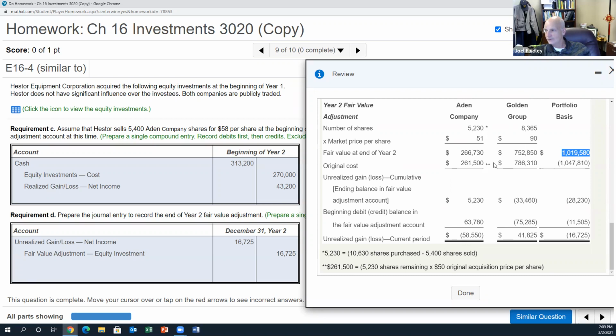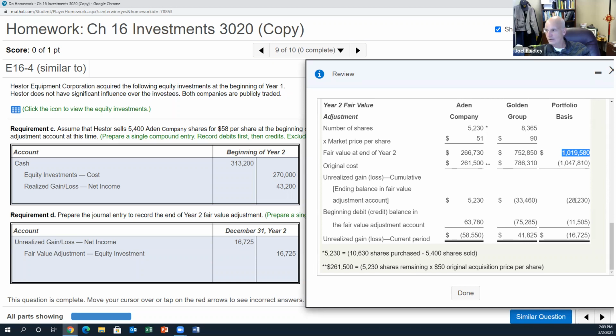And the original cost, which we have to calculate there, that 5,230 remaining shares times $50 original cost. Of course, if you do this in a T account, it's going to tell you what this is. 261.5 and 786,310 is 104,710. So that says that we should have in our T account a cumulative ending balance of 28,230 as a credit, right?